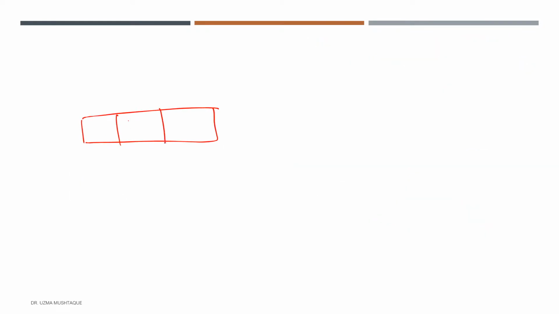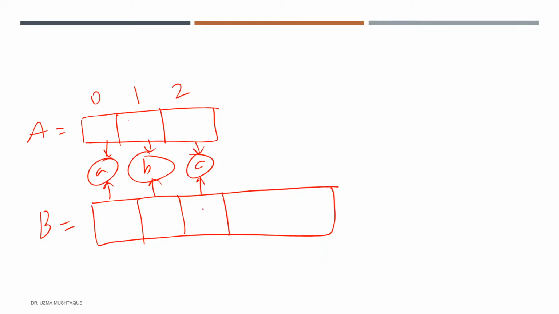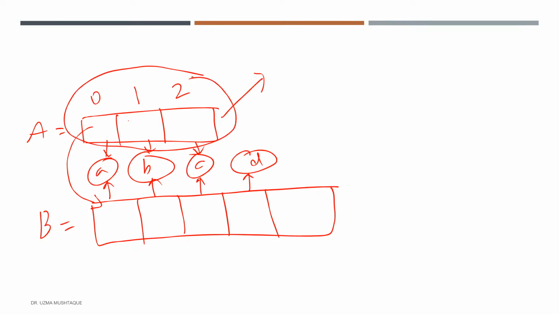Let us say I had this array that has some elements at position 0, 1, 2, and these are the elements, let's say A, B, C. This was pointing to this, and this is array A. But as the size grows, it will request the system for another space, and this will start pointing to the same elements. Because we will be adding more elements, let's say D, in order to point to D, all these elements will be transferred here, and this will be reclaimed by the system.